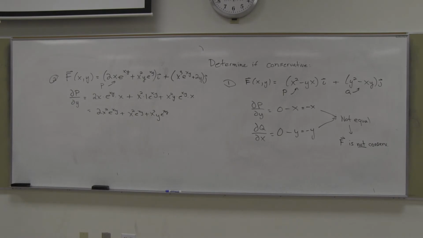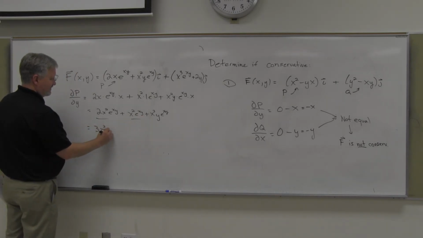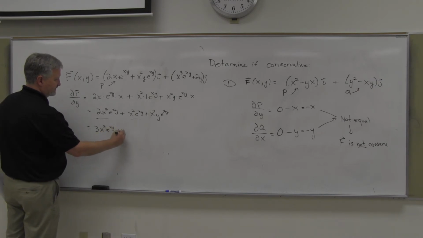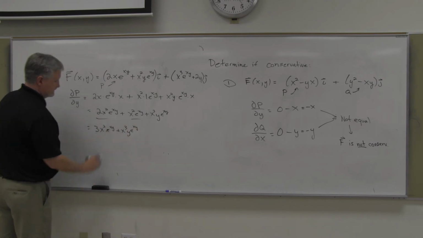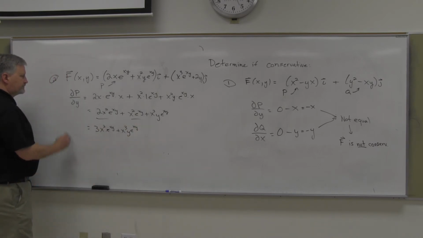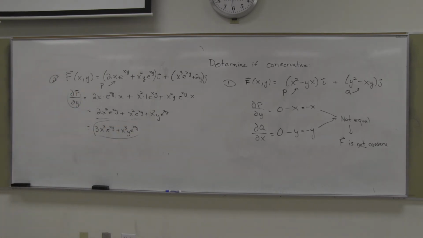Did I do that right? Even simpler, these are like terms: 3x squared e to the xy plus x cubed y e to the xy. So that's the derivative of P that I need.